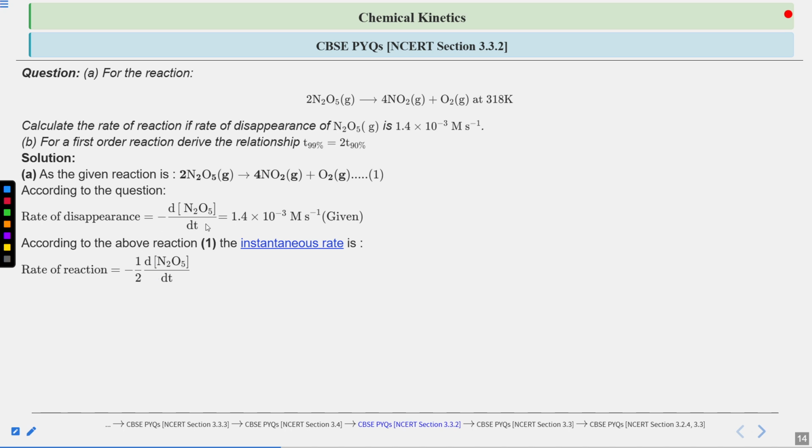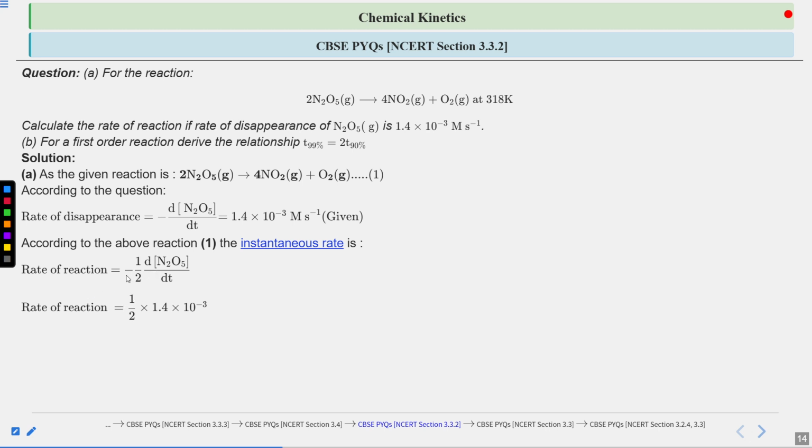So this is how the instantaneous rate of reaction is written for this reaction: minus 1 by 2 d of N2O5 by dt.